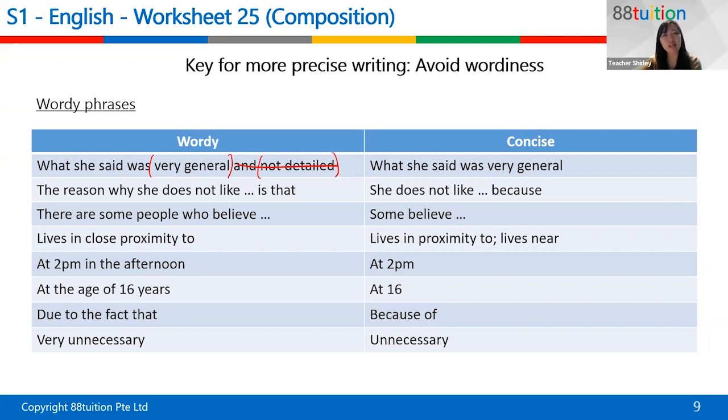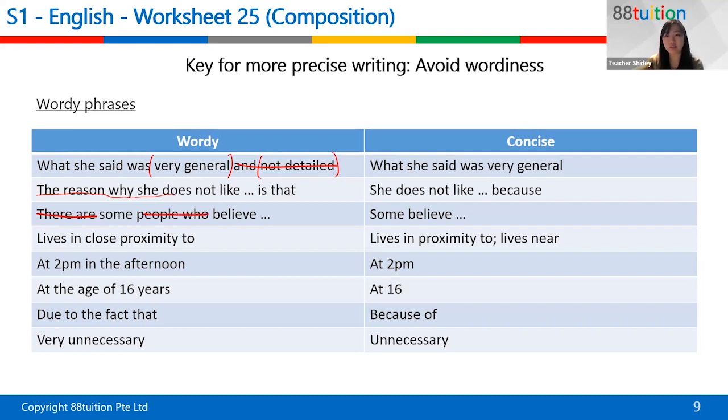The reason why she does not like it is that. Just be straightforward, be very concise. She does not like this because of what? Okay, so this one, the reason why, that's too long, too lengthy. There are some people who believe. So some believe, that's all.